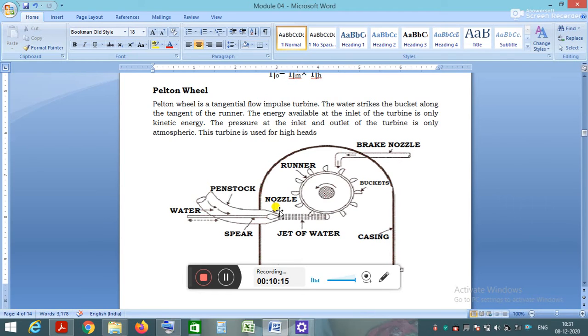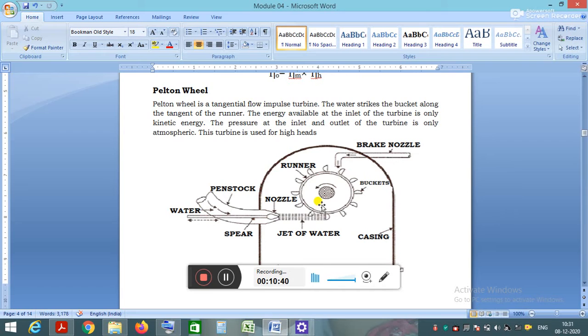We already discussed, based on direction of the water coming in contact with the blades, they are classified into tangential flow turbines, axial flow turbines, radial flow turbines. Pelton wheel is a tangential flow turbine where the water strikes the turbine blades in the tangential direction.